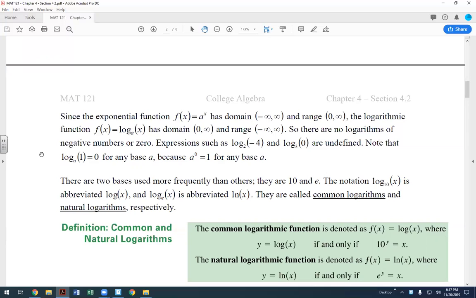Okay, if you tried log of negative 4, now try natural log of 0. Do you have the ln? Yes. So ln 0, or you may have to do 0 ln. Error. Error again, right? And you can try this with both log and natural log. You're going to get errors for both of them.